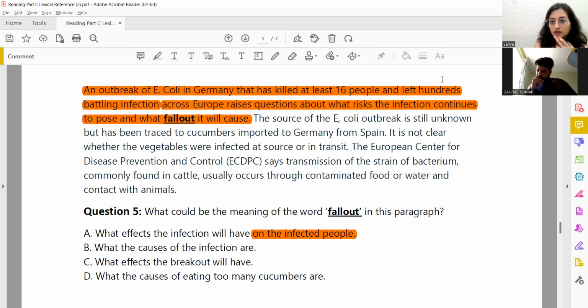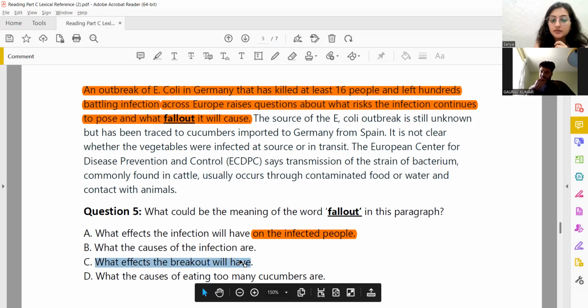The infection in Europe raises a question about what risk the infection continues to pose and what fallout, because it is still unknown. A country is given, so it's not talking about only the infected. I think it's C. Yes, exactly. So it's not about infected people.